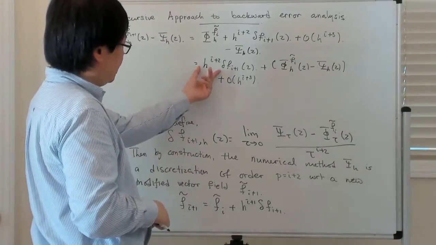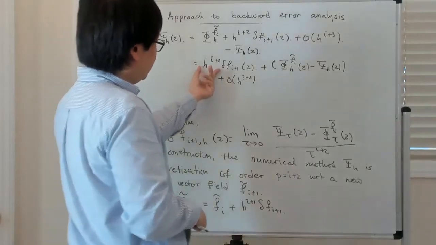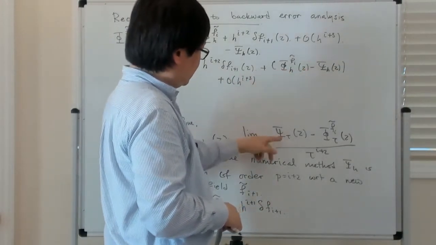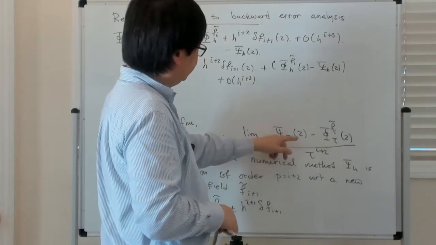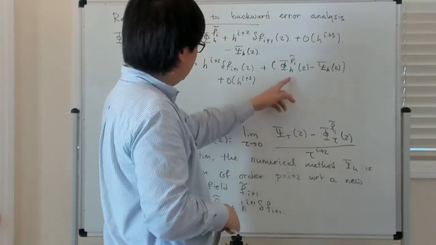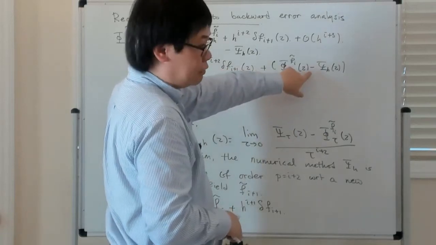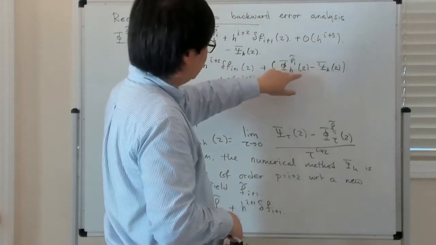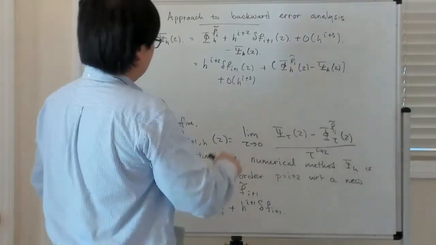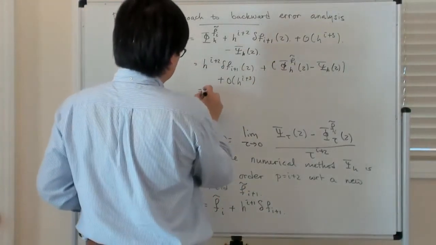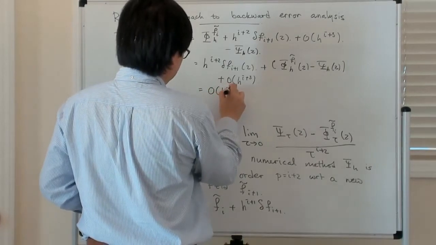So there's this h to the I plus 2 term. If I divide across here, then I get exactly this expression, divided by h to the I plus 2. So this term is going to have the same asymptotics as this term here, and they'll cancel out basically. So all you're left with is big O of h to the I plus 3.